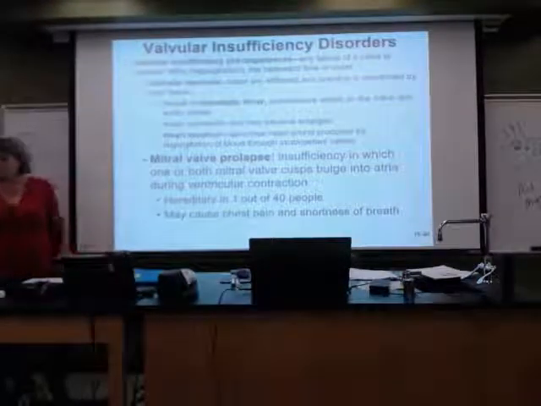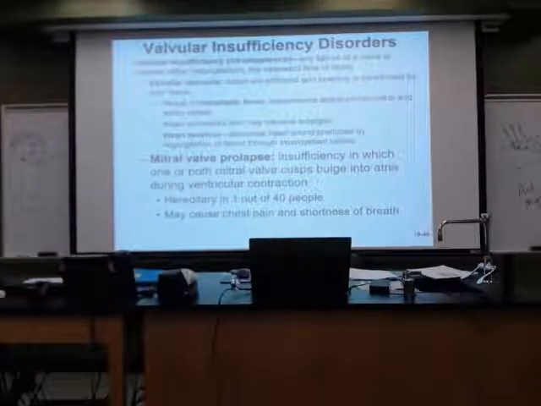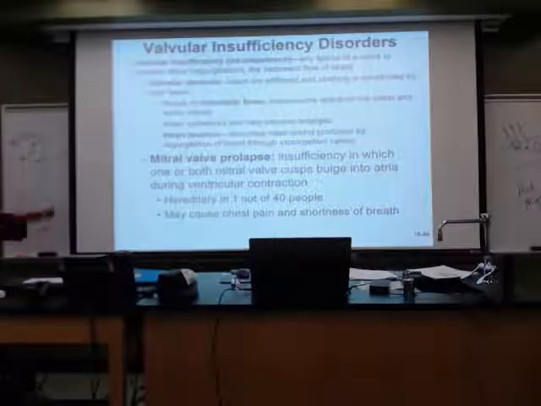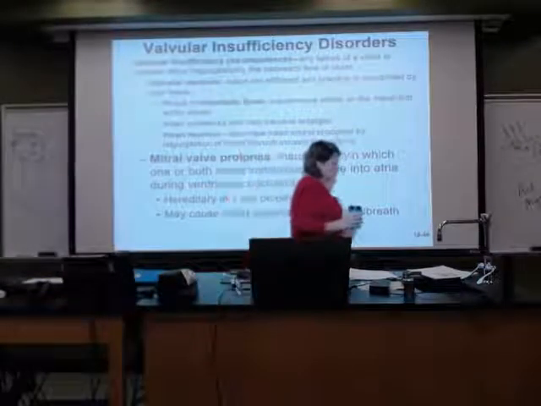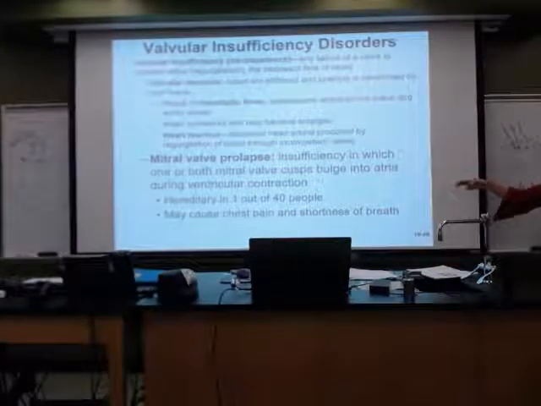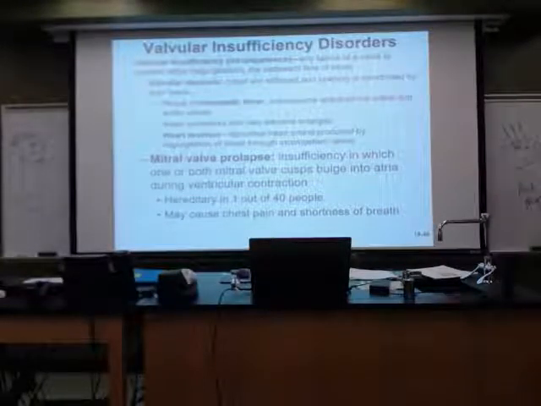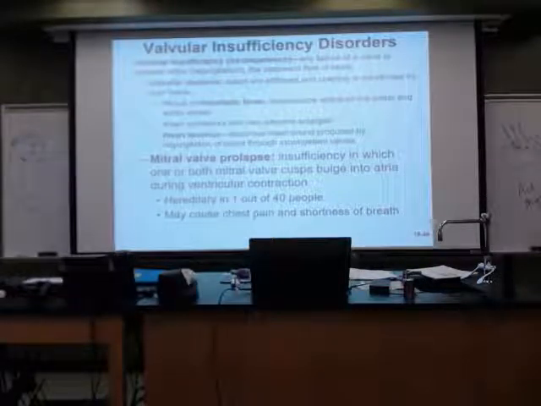So some of the disorders that can happen with our valves, one that's pretty common, mitral valve prolapse. Like I was saying before, this is where on the left side, the cusps have something that go wrong. It could be either one or both of the cusps, and they'll create a bulging when the ventricles contract.